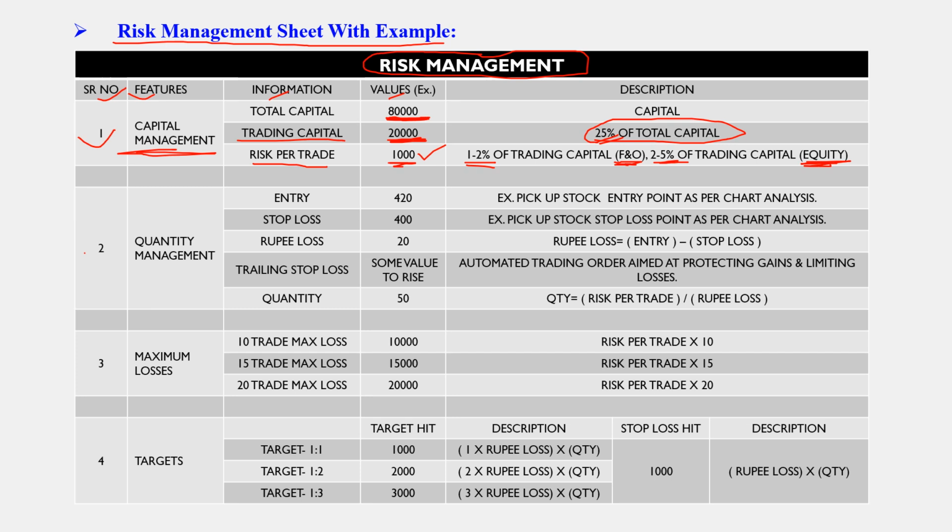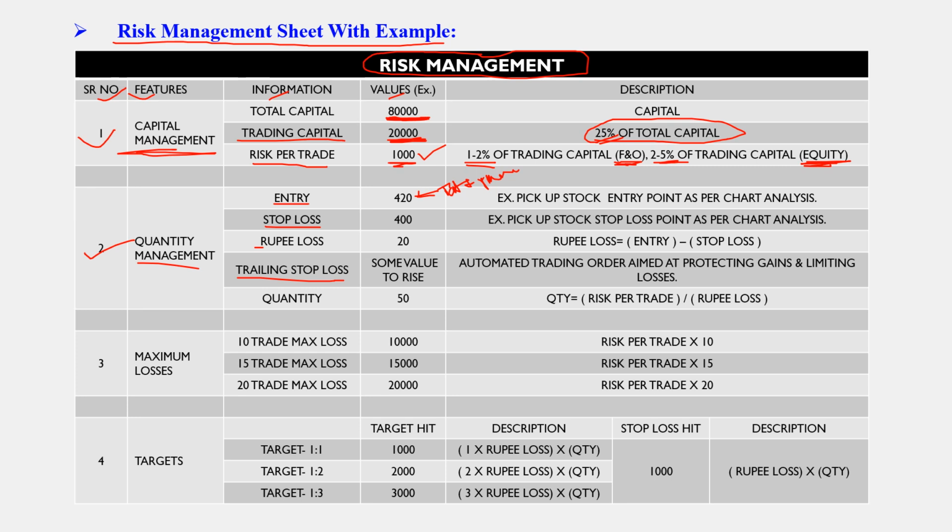After that, next is quantity management. I already explained in the last slide what is entry, what is stop loss, what is trailing stop loss. So let's consider one example. This is Tata Power. I will explain the Tata Power stock example today.